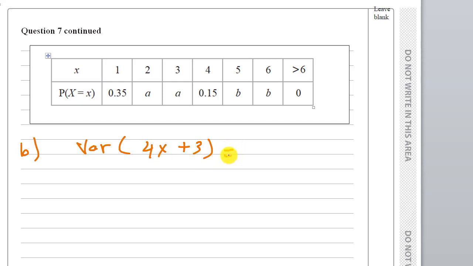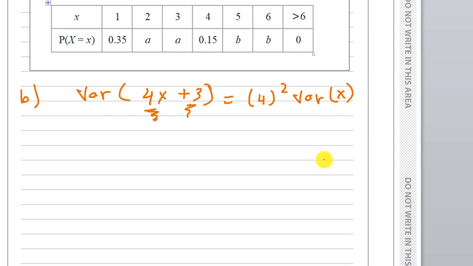We know that the plus 3 has no effect on the variance, but the 4 has an effect on the variance, it's equal to 4 squared variance X. And the variance of X is equal to expected X squared minus expected X, squared. So we need expected X squared.